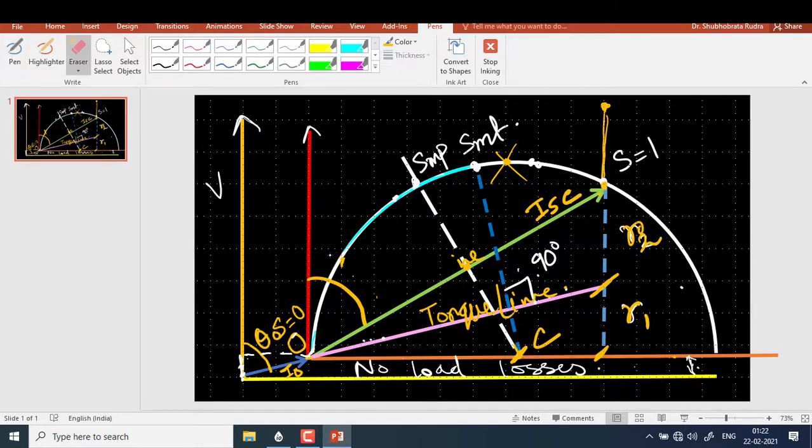Well, one thing that we should discuss: suppose I give you one operating point, how do we figure out the slip, how can we see the value of slip here?